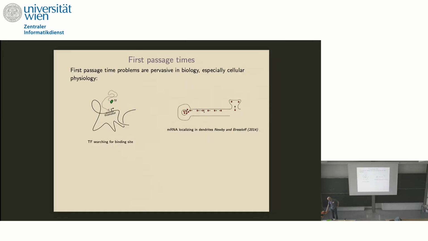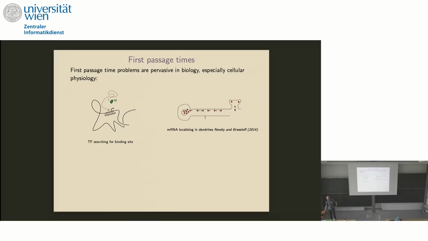There are also examples in neuroscience: mRNA localizing in dendrites. It's super important that this mRNA gets localized into certain regions for the function of these neurons, for reasons I won't get into. Ultimately, these are problems where particles need to be in a certain region, or bind to a certain thing, and it needs to happen on certain timescales for cells to function.